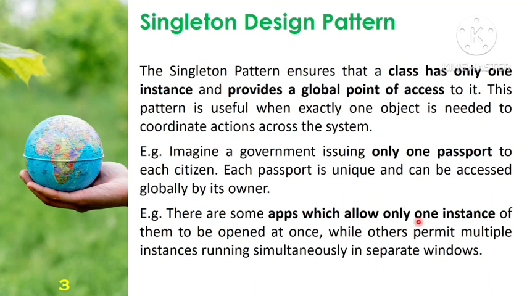That's a very simple example of Singleton, that they allow only one instance. And then look at global point of access. Whenever you try to open the app again, it's gonna open the same instance. You don't have a chance to open a new instance, right? But there are other apps that allow it. Like, as I said, Microsoft Word on desktop, okay? However, Word Mobile is Singleton.